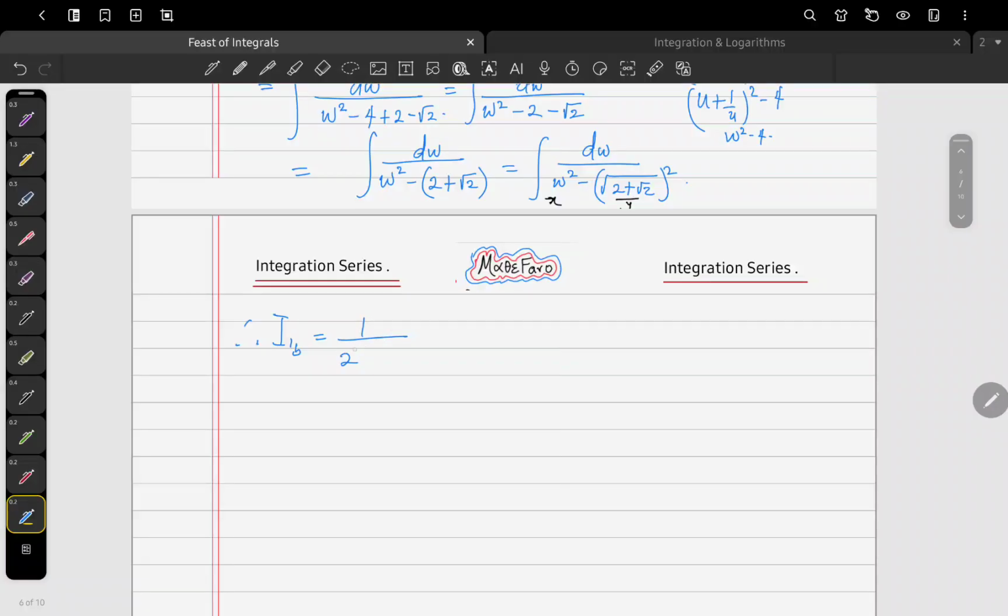Our y here now is square root of 2 plus square root of 2, natural log of w minus square root of 2 plus square root of 2 over w plus square root of 2 plus square root of 2, plus c.